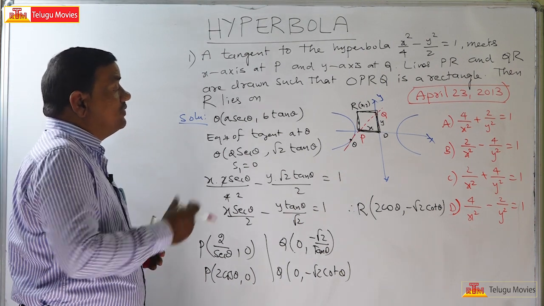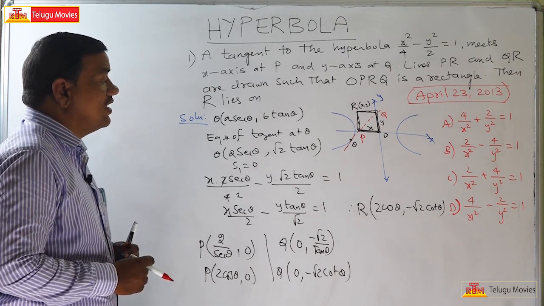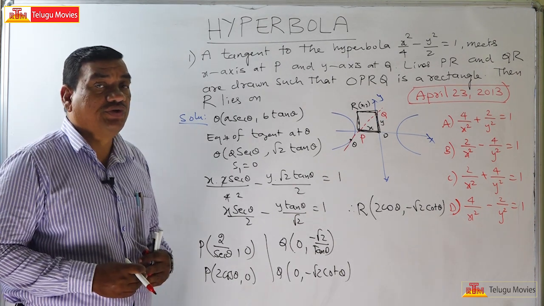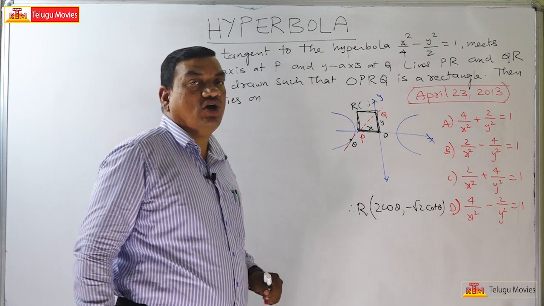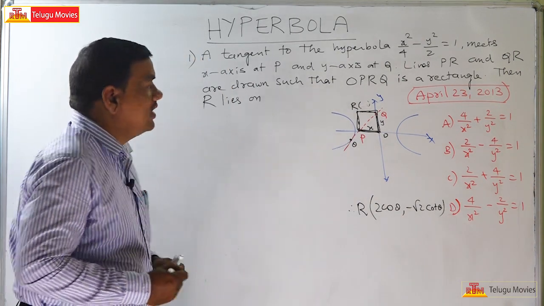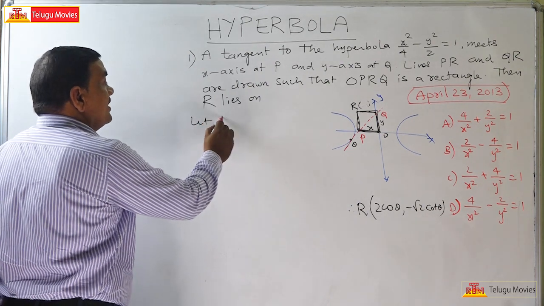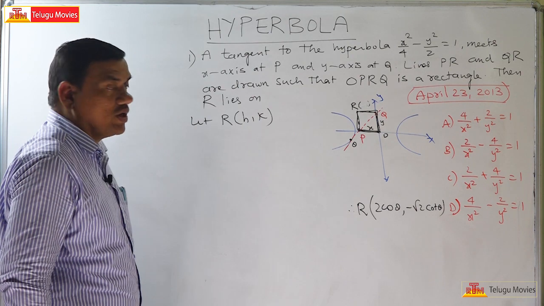So let us substitute those values in the given equations and continue the solution. Dear students, we got the coordinates of R as h comma k, but R is a point on the locus. That's why, generally, at the beginning itself we say: let R, h comma k be a point on the locus.